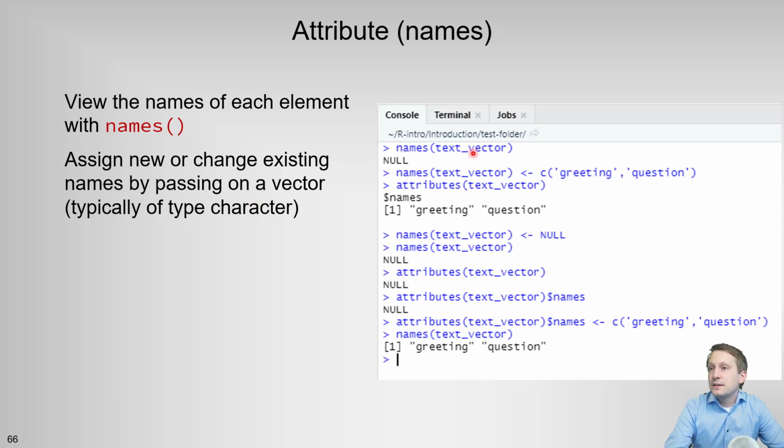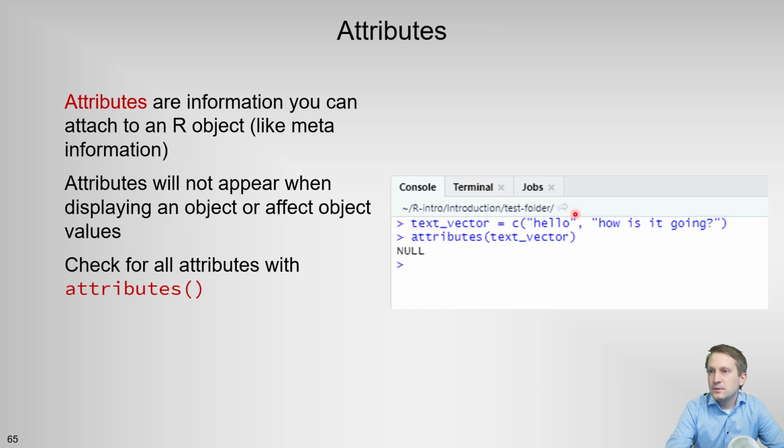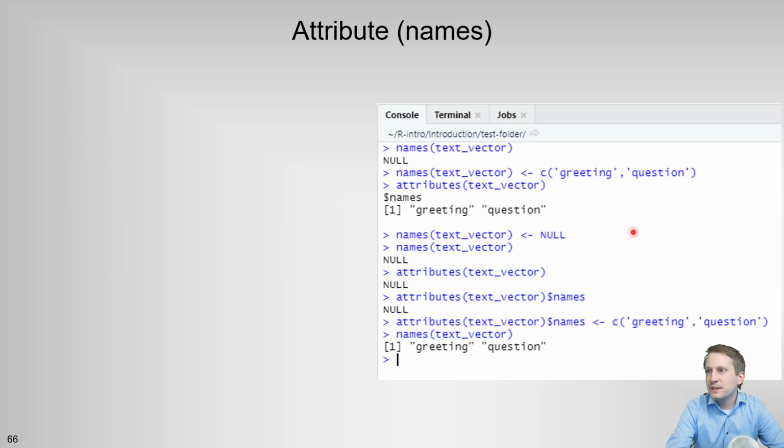Okay, so let's work with the text vector. Again, the text vector just contained, let me go back, hello and how's it going. So what would be appropriate meta information to describe hello and how's it going? This is a greeting and this is a question. It's not really a question, but let's call it a question. When we use names on text vector, we see that it's also NULL, which is no surprise because its attributes are also empty.